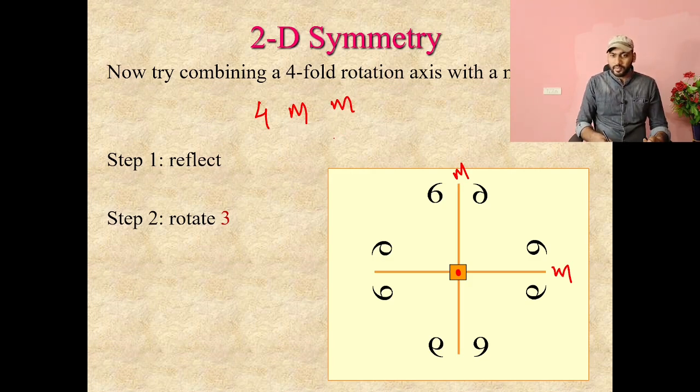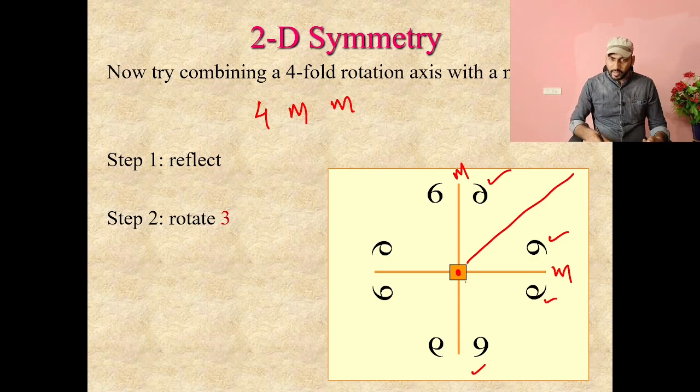No. If we see this structure, this and this, they are also appearing like one mirror image. If we see this and this, they are also appearing like mirror. So this mirror will continue like this, and this one will continue like this.